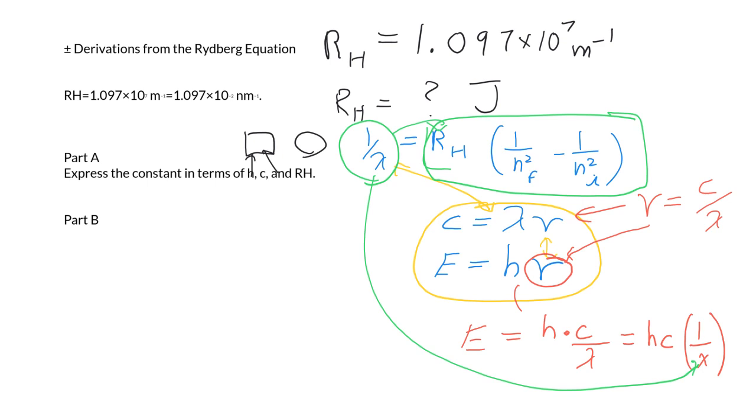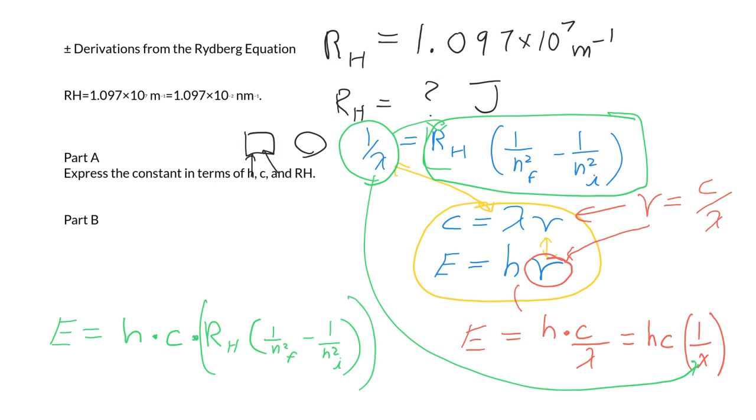And that gives us energy is equal to Planck's constant times the speed of light times RH times 1 over n squared f minus 1 over n squared initial.